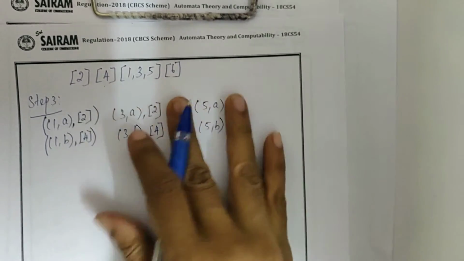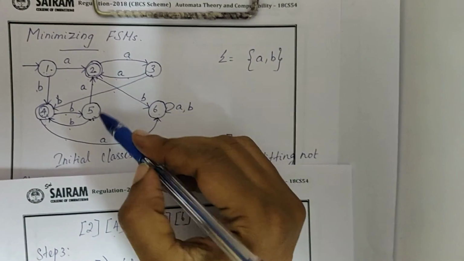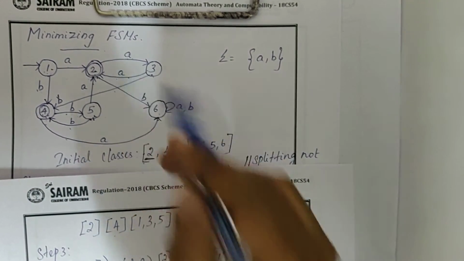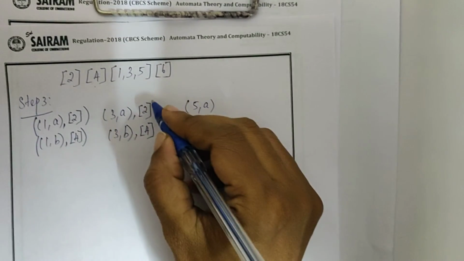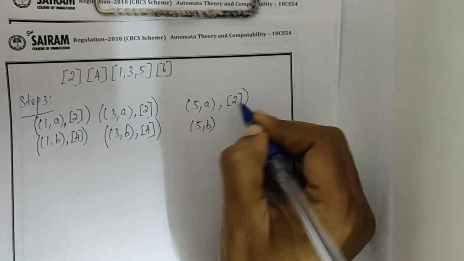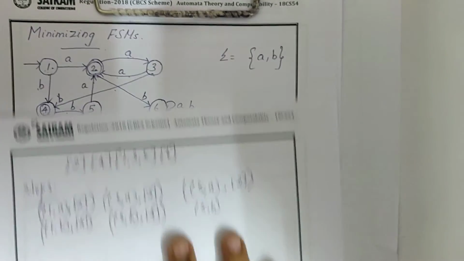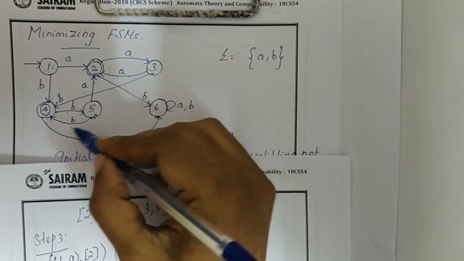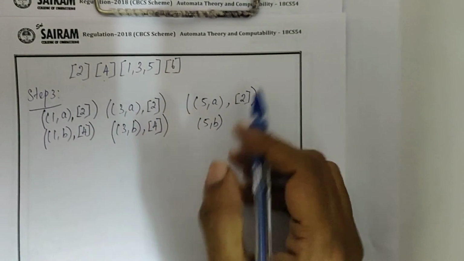Next 5 A input, it is coming to 2. 5 B input, it is coming to 4.